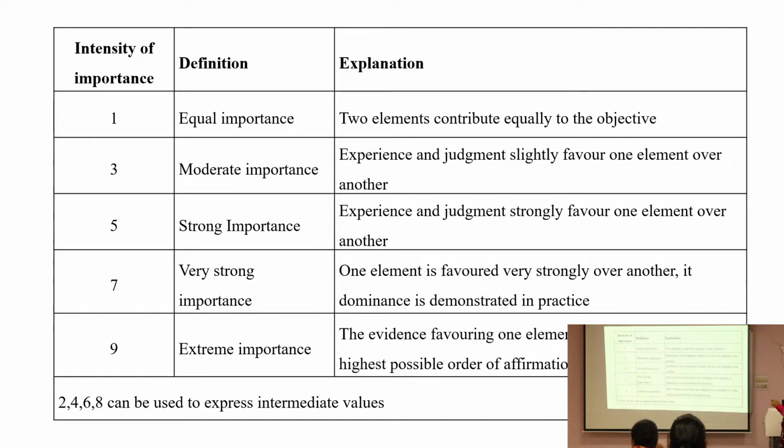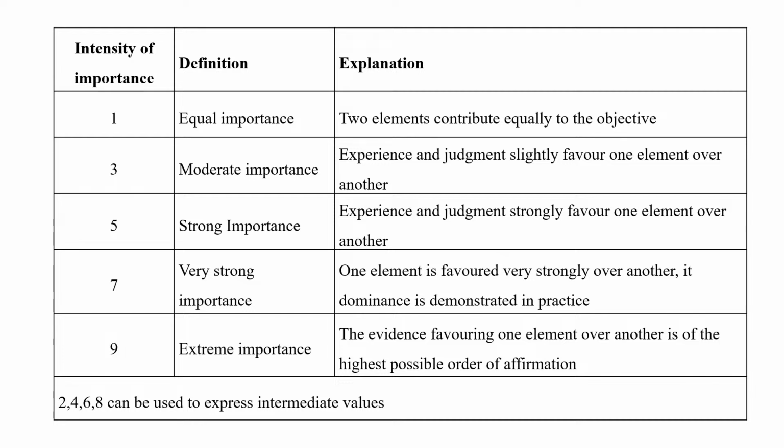Okay. Suppose there is equal importance, but there is a slight difference, then you give 2. Okay. You will keep the 2. Then moderate importance, like the legend you have, like 1 to 5 you are giving as less, then 5 to 10 it is moderate, less moderate, then high moderate, like this.